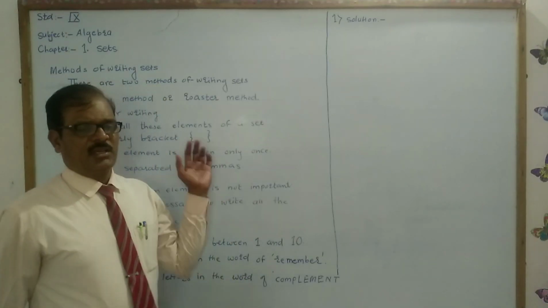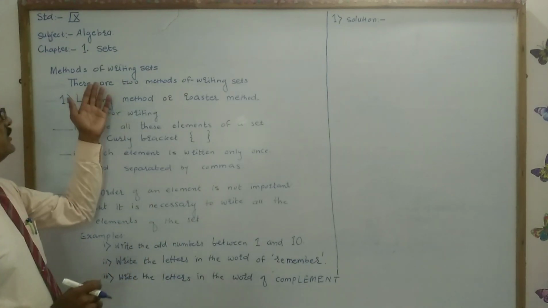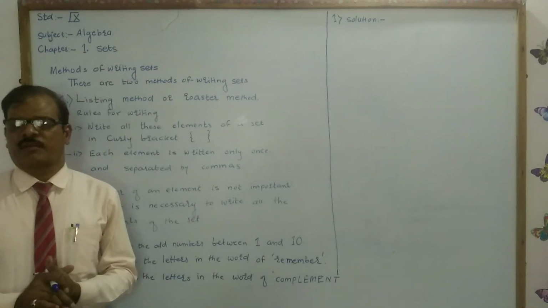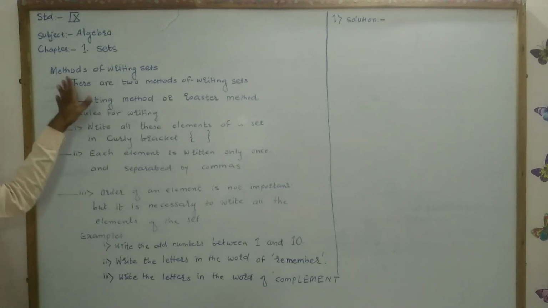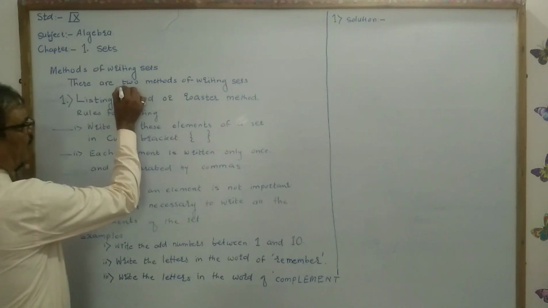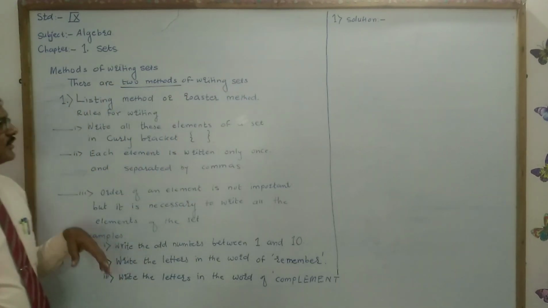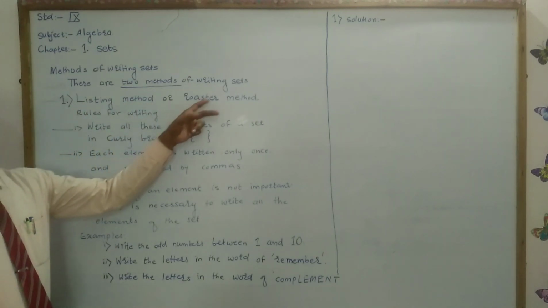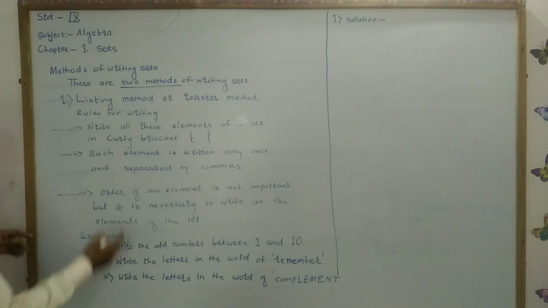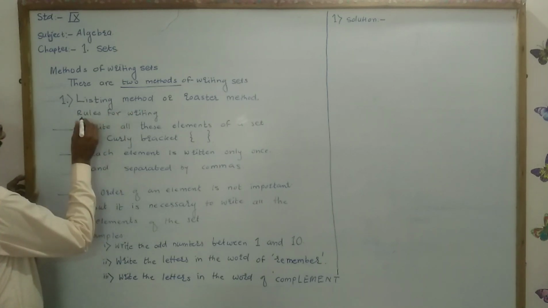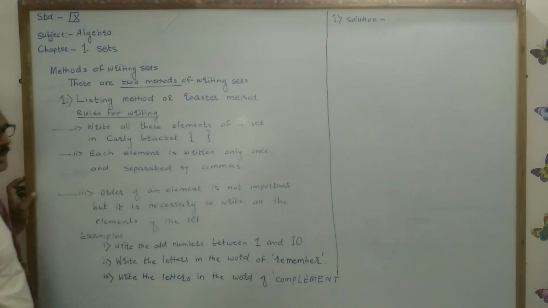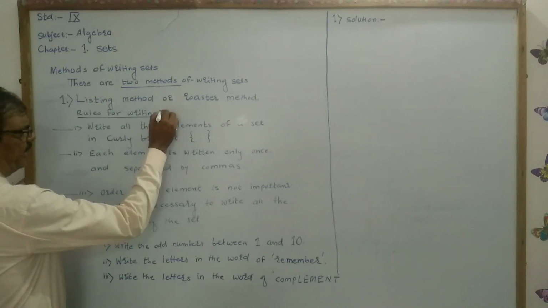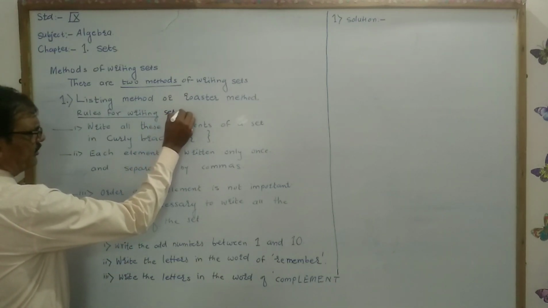Students, in this we have learned some methods of writing a set. There are two methods for writing sets. The first method is the listing method, also called the roster method. In the listing method, there are some rules for writing sets.